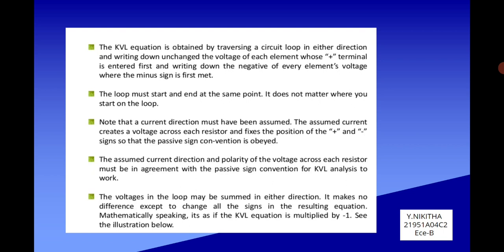The voltages in the loop may be summed in either direction. It makes no difference except to change all the signs in the resulting equation. Mathematically speaking, it's as if the KVL equation is multiplied by -1. See the illustration below.